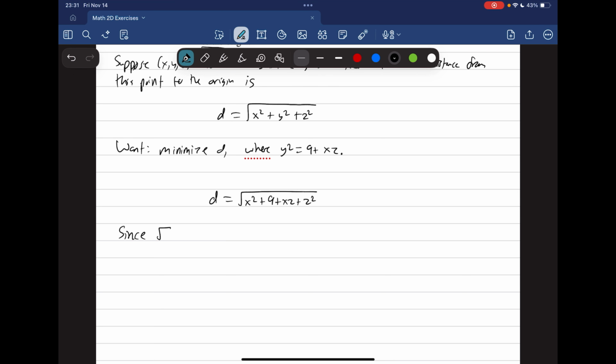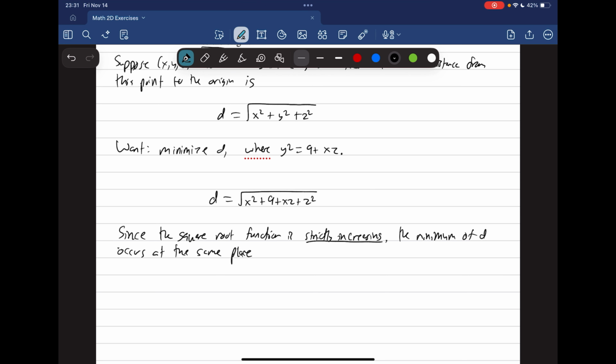Since the square root function is strictly increasing, the minimum of d occurs at the same place as the minimum of the inside.